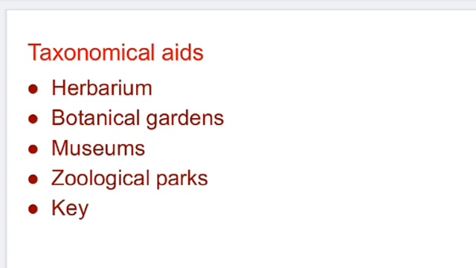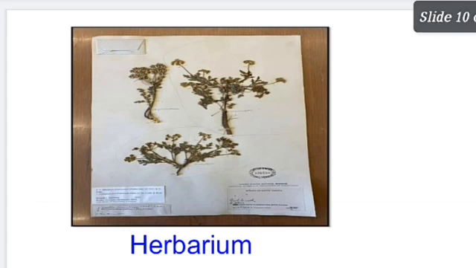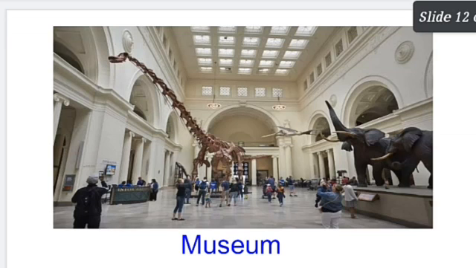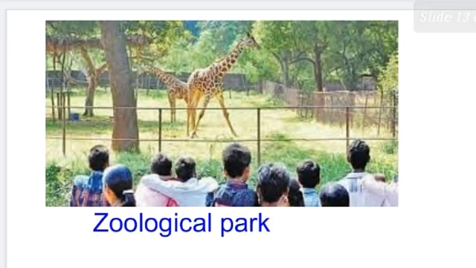They include herbarium, botanical gardens, museums, zoological parks, keys, etc. Next, let us see these. Here we can see herbarium, botanical garden, museum, zoological park, etc.